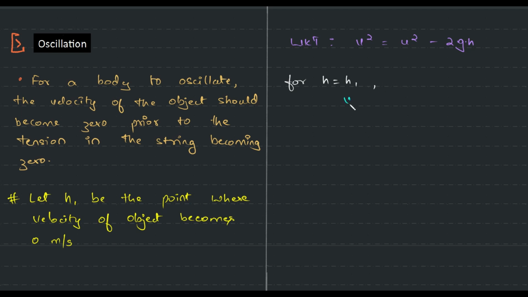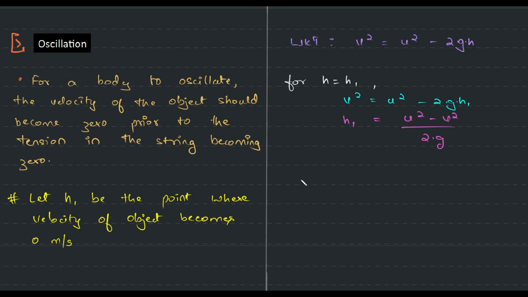So we have v square is equal to u square minus 2 into g into h1. That's your simple expression. So h1 is equal to u square minus v square by 2 into g.